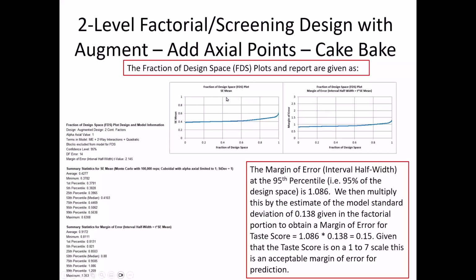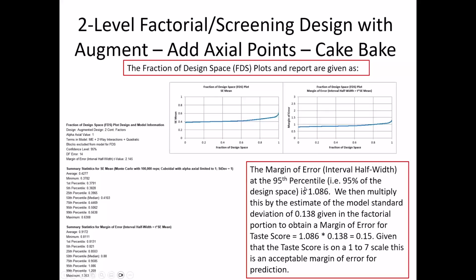And you can look at either the standard error of the mean or the margin of error. And as I mentioned, we basically simulate 100,000 designs, and then this fraction of design space is what percentage of the design space gives you what standard error of the mean.